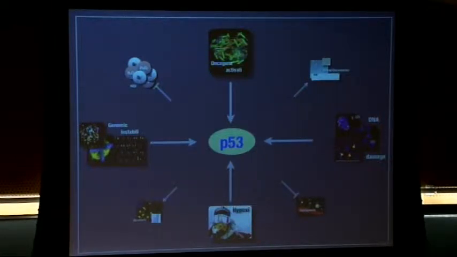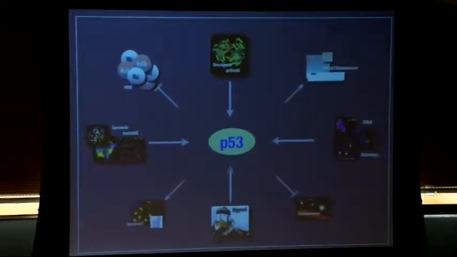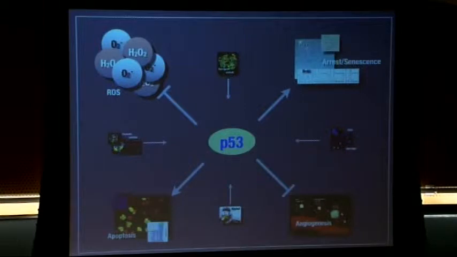The protein is a transcription factor, goes about turning on target genes, and then instructs the cell to either arrest its growth, either transiently or permanently, perhaps to fix the damage that has occurred, or undergo apoptosis, a more significant cellular response. And there are other things that p53 will coordinate as well, like effects on angiogenesis or damage repair. So p53 is an important gene.